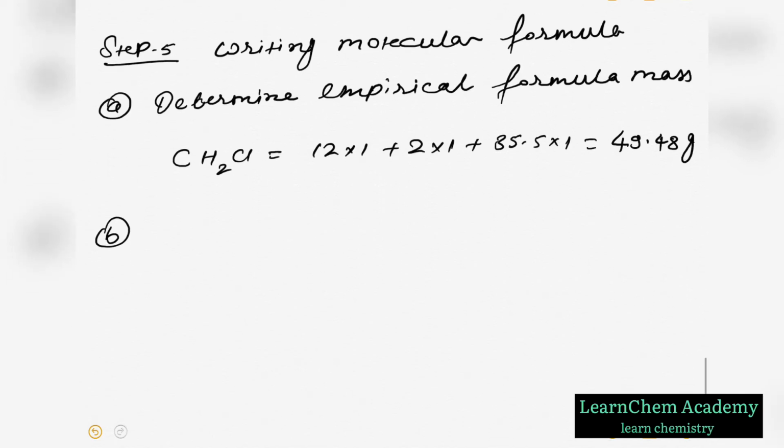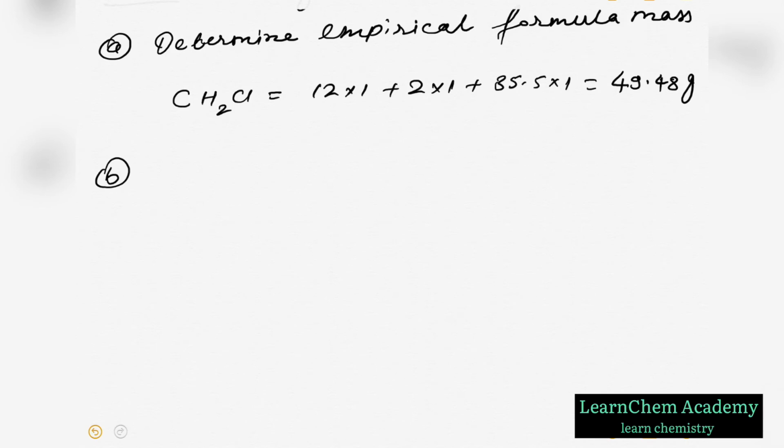Now the second step is to divide the molar mass by the empirical formula mass, and that is how we get n. So we divide the molar mass by the empirical formula mass.